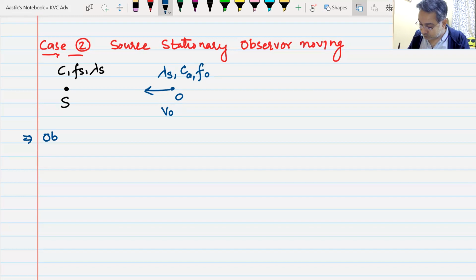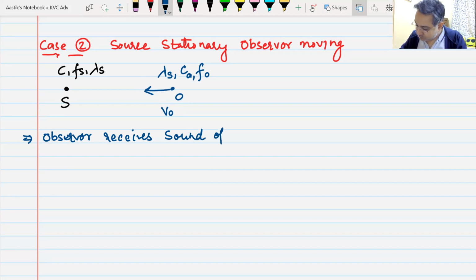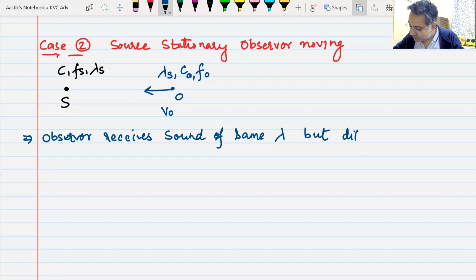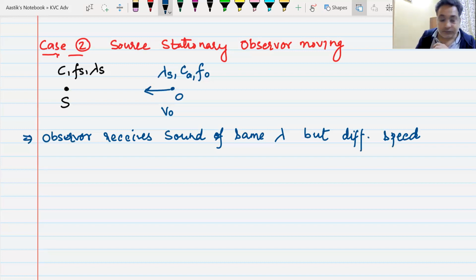Observer receives sound of same wavelength but different speed. Now again here two cases are possible.